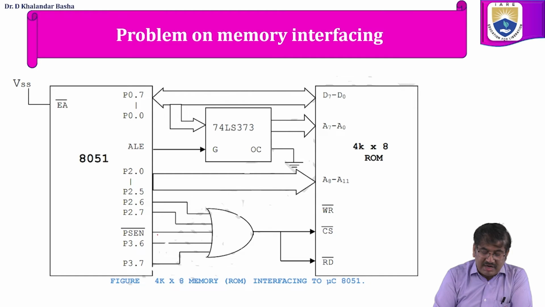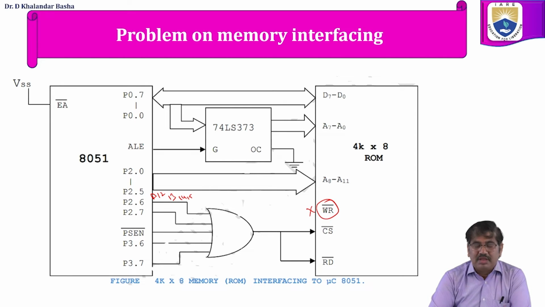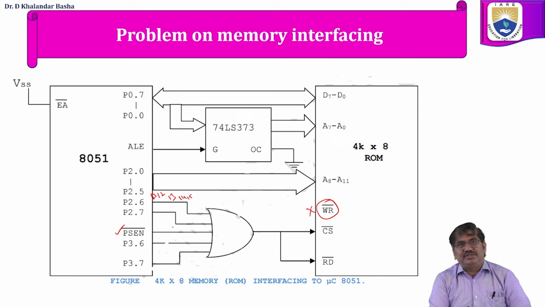The left out address lines, that is A12, A13, A14 and A15, these are used for generating the chip select lines. As it is ROM, we are not having any write signal for ROM. The read signal will be connected to the read signal of this, as well as PSEN bar, which is program store enabled signal.